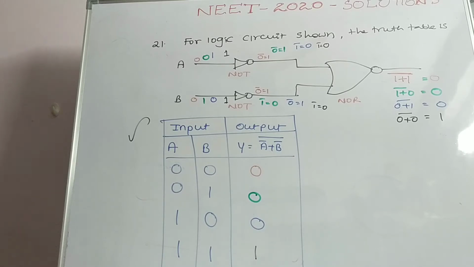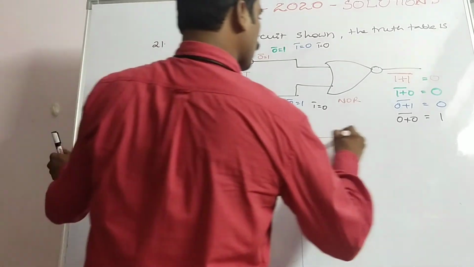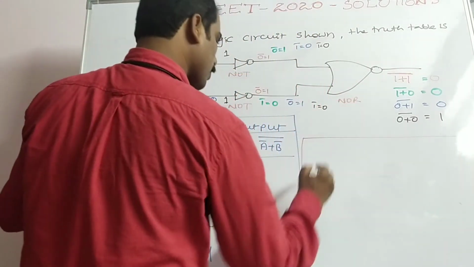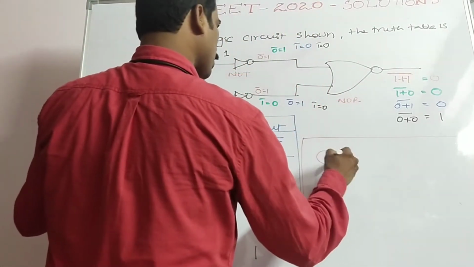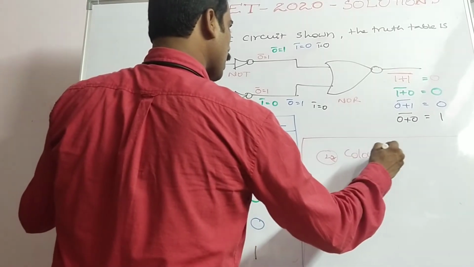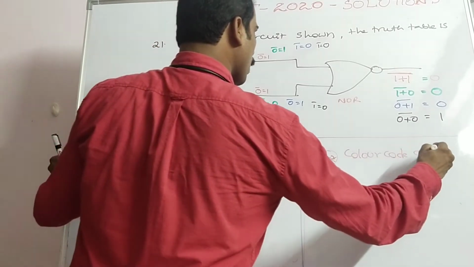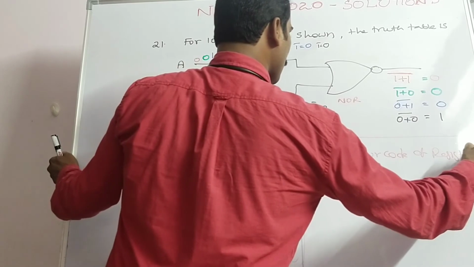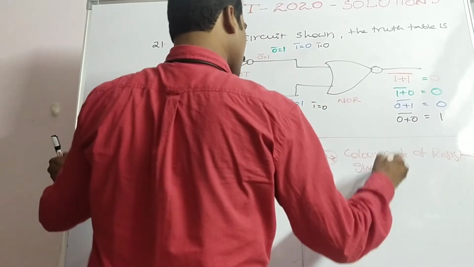The color code of a resistance is given below. Question number 22. The color code of a resistance is given.